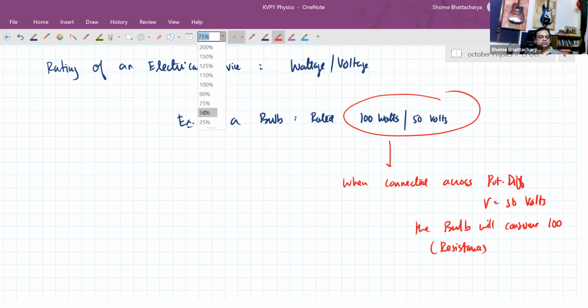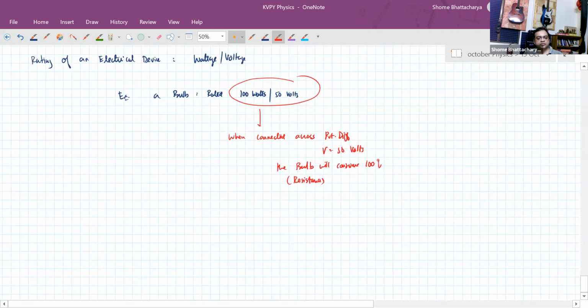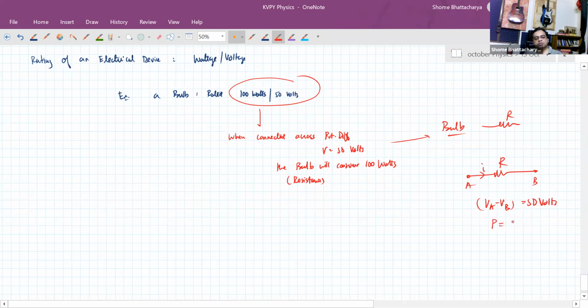So whenever you see a question with this kind of thing given, you understand that indirectly the bulb is basically like a resistor, such that if you have connected this resistor across a potential difference of 50 volts, then it should draw current in such a way that the power it consumes, that is I square R, should be equal to 100 watts. That is the meaning of this.